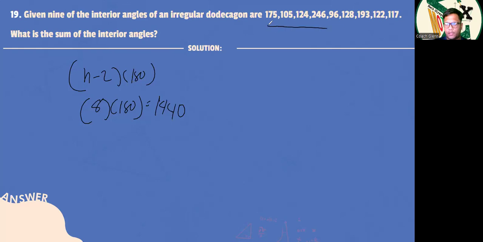Next, we just get the sum of all of these angles. So that's 175 plus 105 plus 124 plus 246 plus 96 plus 128 plus 193 plus 122 plus 117. That's equal to 1,306. So we just need to subtract.